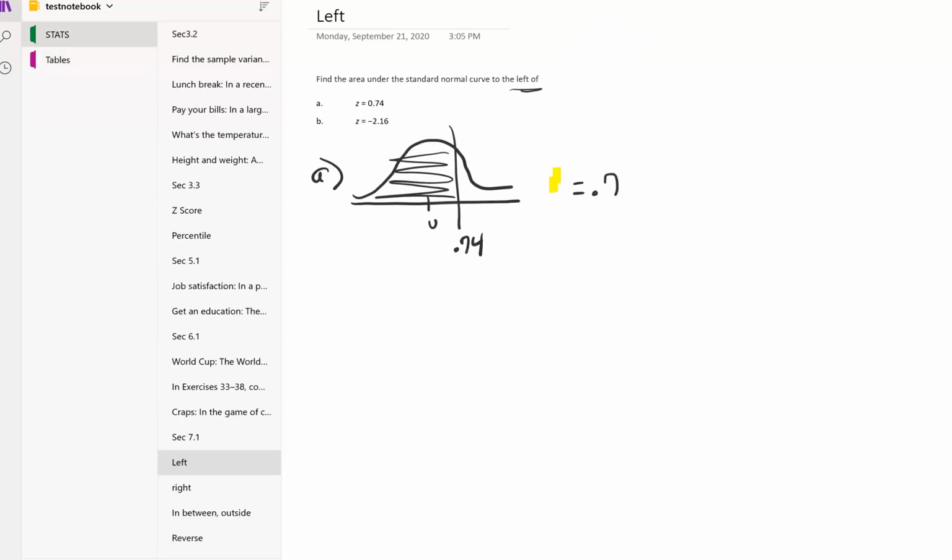It's almost the same answer, so you have to really keep these straight.